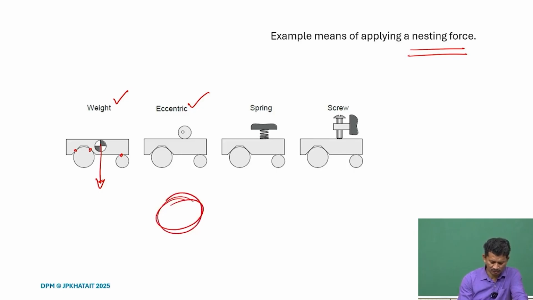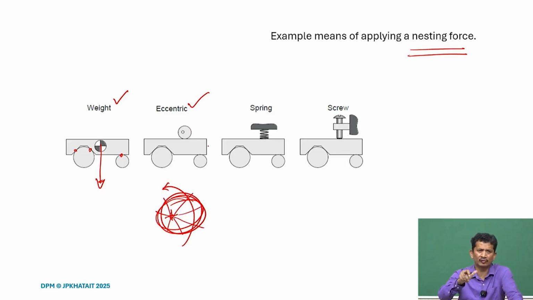You use either an oblique object or an elliptical object, or even a circular object and then slightly offset it. So, whenever you rotate, the radius, the distance is different, and that is why it is very easy to clamp. The moment you rotate it, you can clamp it, and just by rotating you can provide sufficient nesting force.